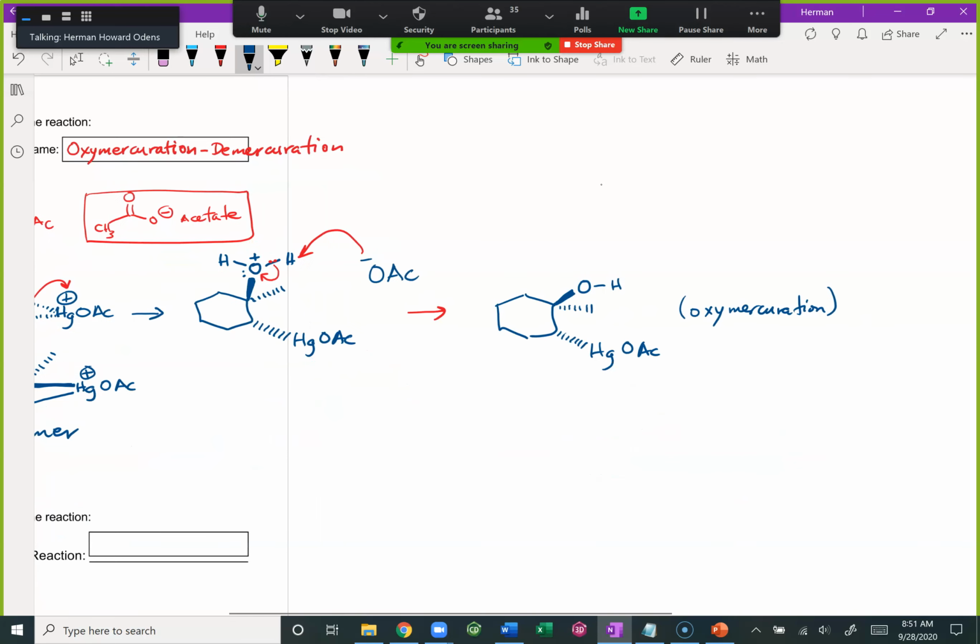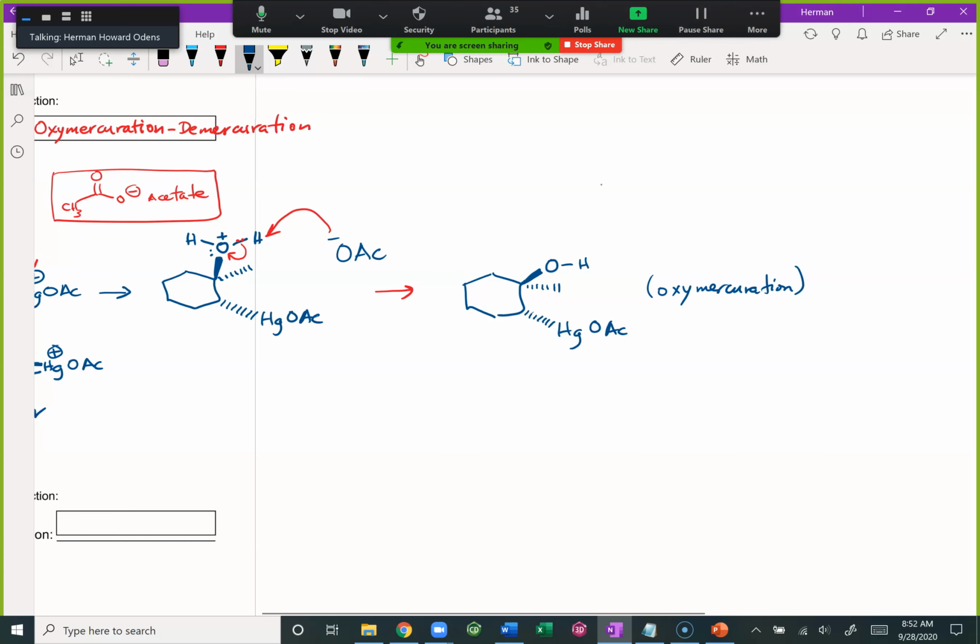The demercuration happens next, and it's simply sodium borohydride, which looks like this. These two electrons are going to go and attack here and are transferred over there.